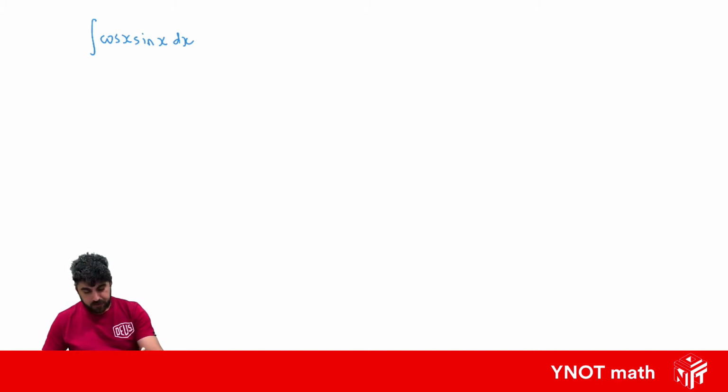Let's have a look, what happens if you got the integral in the form of f dash x multiplied by f of x dx. So what happens if we have a product of two things inside an integral where one of them is the derivative of the other?